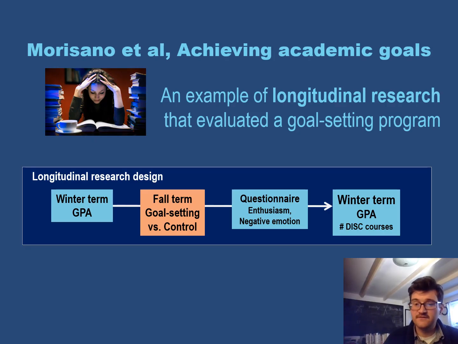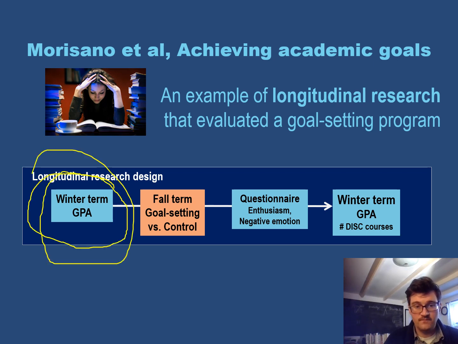Again, here's a breakdown of the longitudinal design in the Morisano study. This is our pre-measure, winter term GPA. Then the treatment intervention, and again, we've got the goal setting group versus the control group.